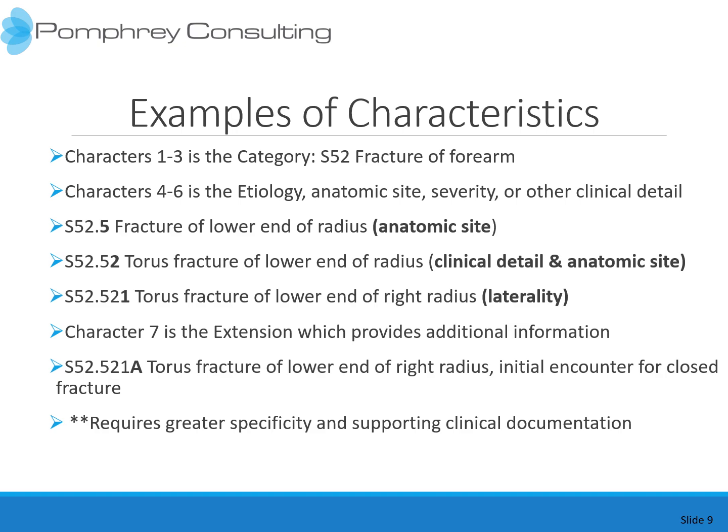So the 7th character here would be A, and it identifies the initial encounter for a closed fracture. Notice that identifying this diagnosis requires 7 characters. We need all 7. Each of these has a meaning, and it is so important. It requires greater specificity, and you have to have the clinical documentation to support each of the codes that you have identified. Each character has to be identified through that documentation.